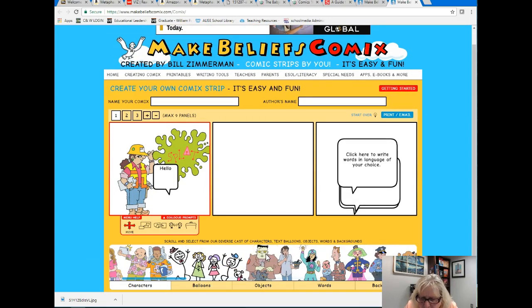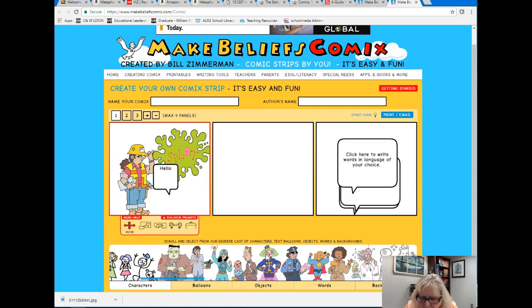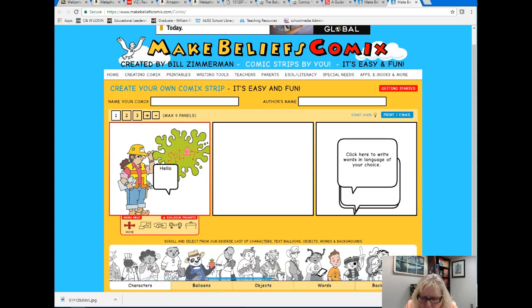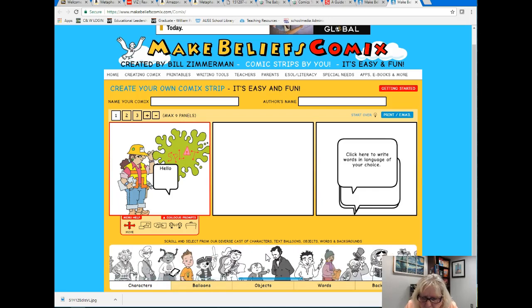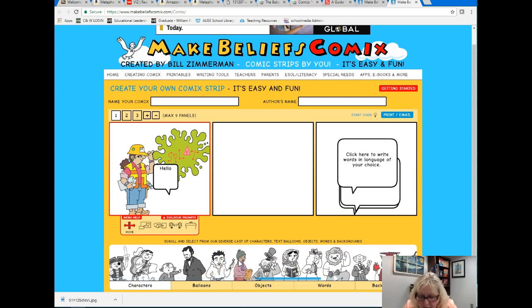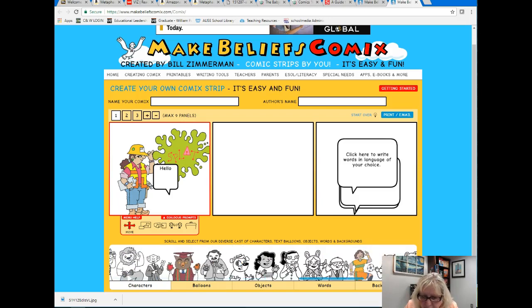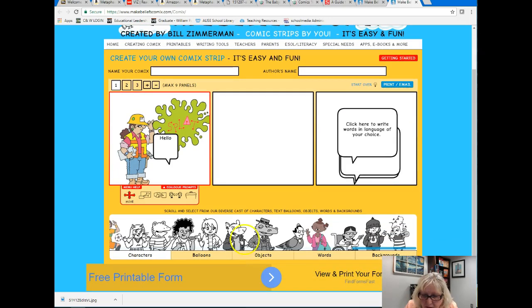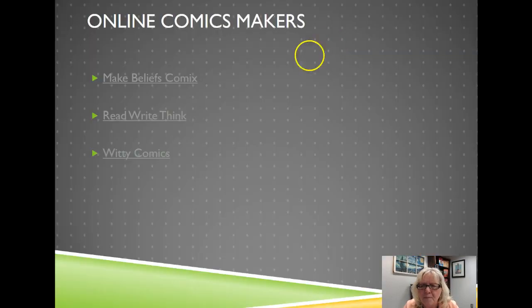I don't think it has as much diversity as I would really like, but there's a little diversity. I like that they have women in different roles, like somebody with a headscarf on, so there's some diversity of characters, which is very nice. Oh yeah, here we go, some more. Oh, I like that, somebody in a wheelchair. So that's one of them.